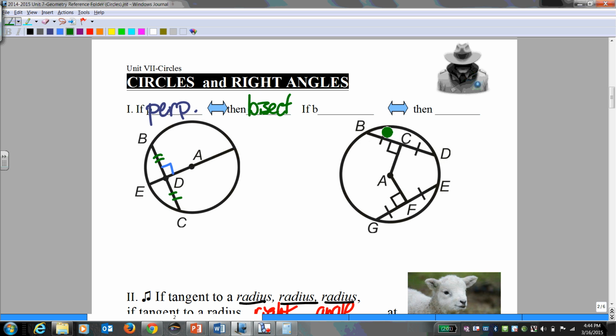The converse is also true. If you have a distance that bisects a chord, then it's also going to be perpendicular.